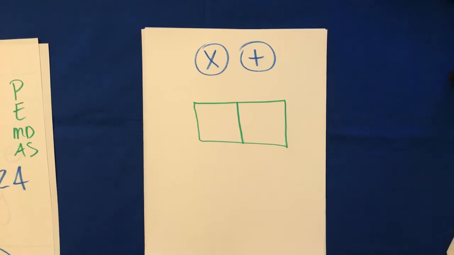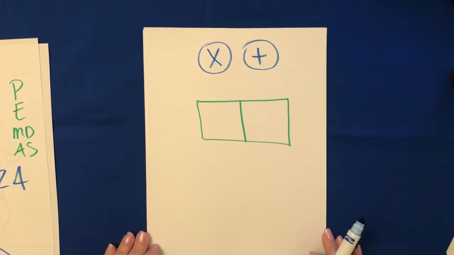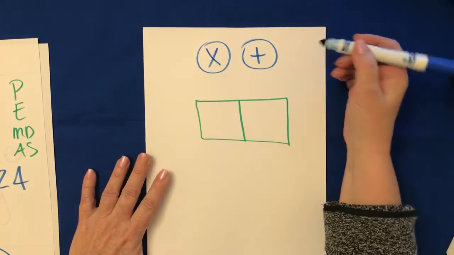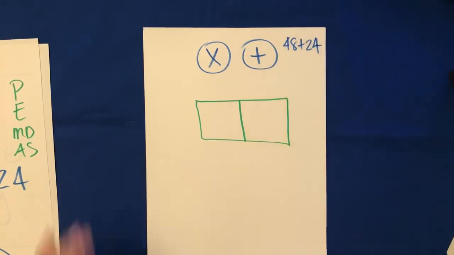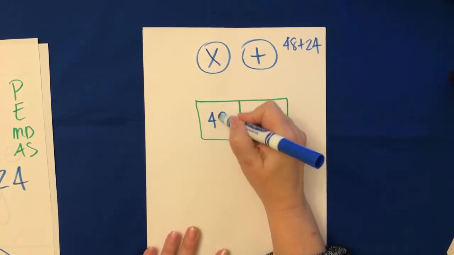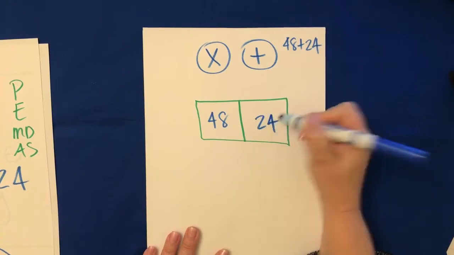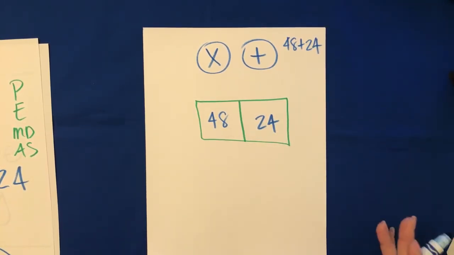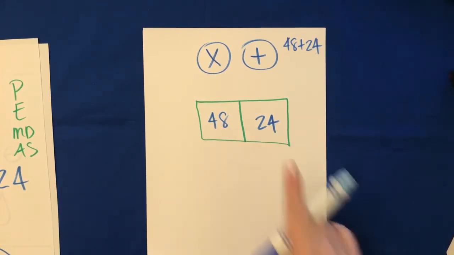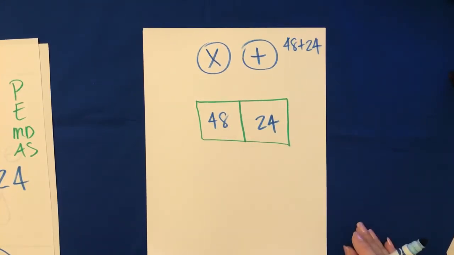I'm going to think about my original expression of 48 plus the 24. So how could I land on each of these numbers? Is there a factor that I could use that would help me to use the multiplication first before adding these two values together to equal 72?